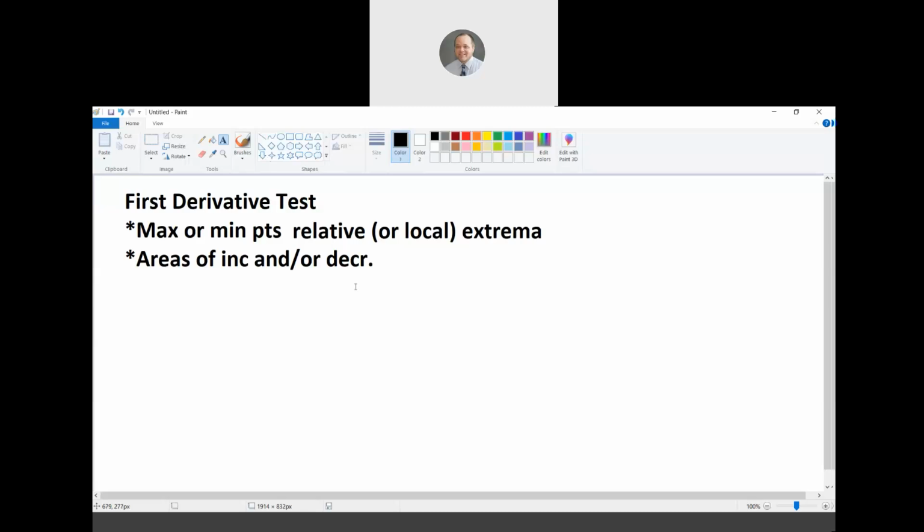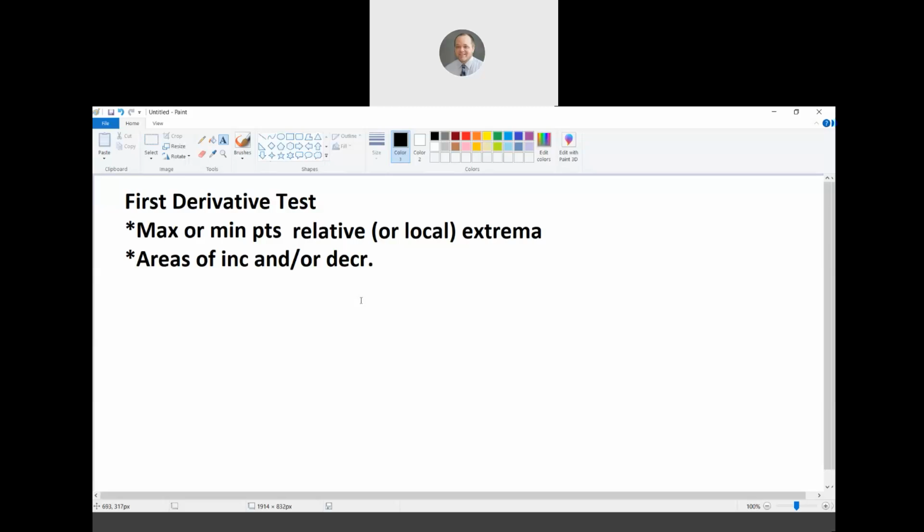And the other information we could find using the first derivative test is areas of increasing where our graph or our function is increasing or decreasing. So just from taking that first derivative, we were able to find a lot of useful information about how our graph behaves.